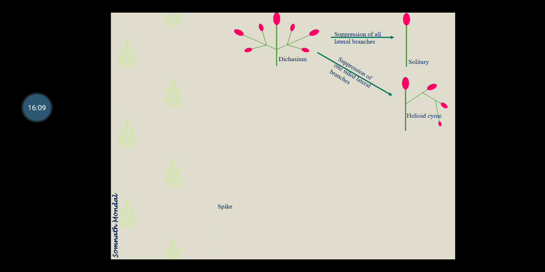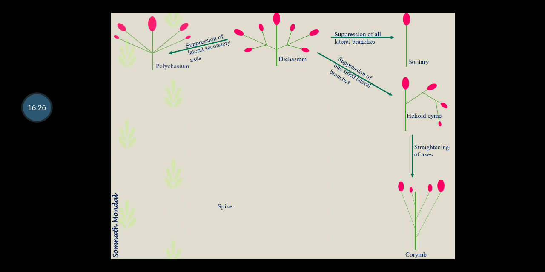From helicoid cyme, if the axis gets straightened, it will develop corymb. Again, in another line of evolution, if suppression of the lateral secondary axis takes place, it will give rise to polychasium, and from polychasium, by suppression of the pedicel, it will give rise to umbel.